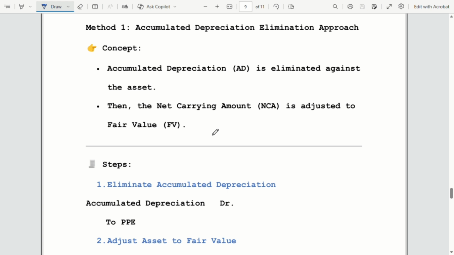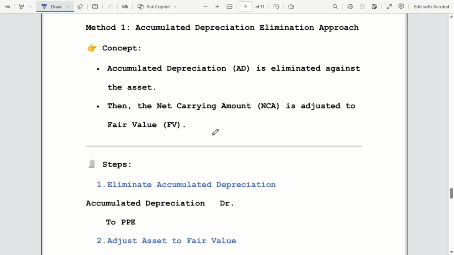Okay, so if the company is following the cost model, then on subsequent recognition we take the cost of the asset, reduce depreciation, reduce impairment loss, and get a carrying value.